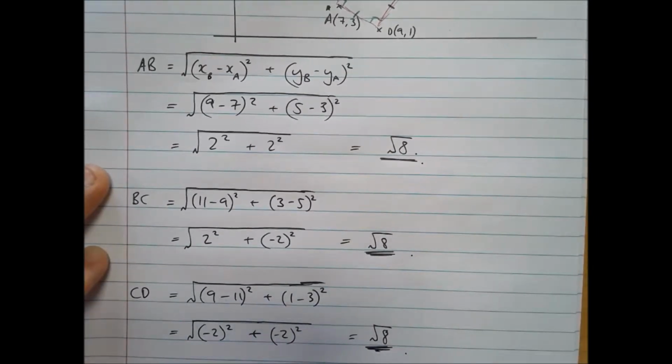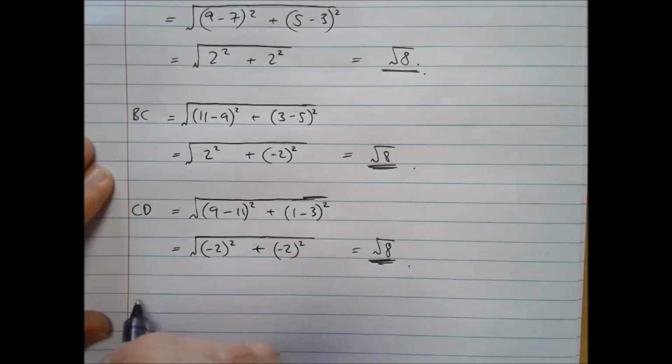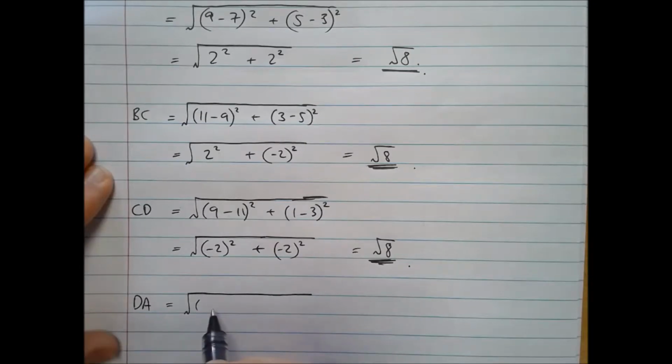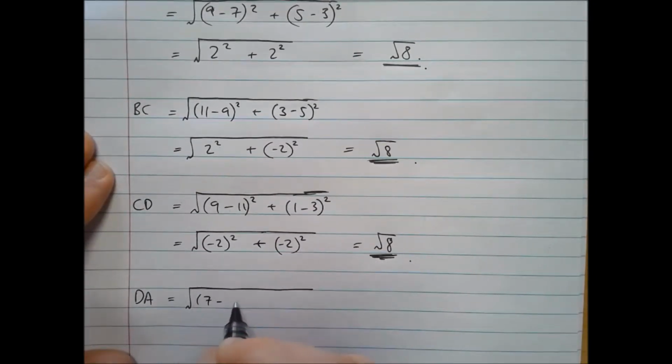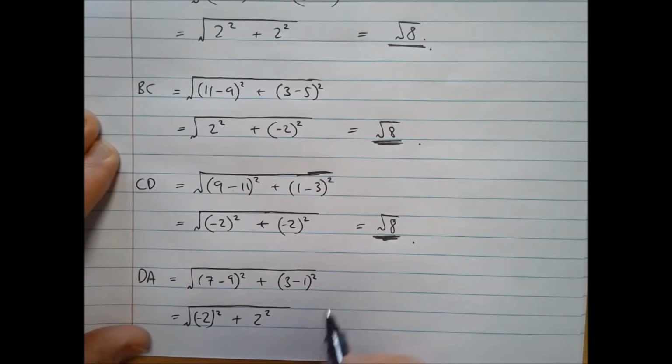Okay, and finally then, D back to A. So xa is 7, minus xd is 9, ya is 3, minus yd is 1, so we get minus 2 squared there, plus 2 squared there, equals root 8 again.